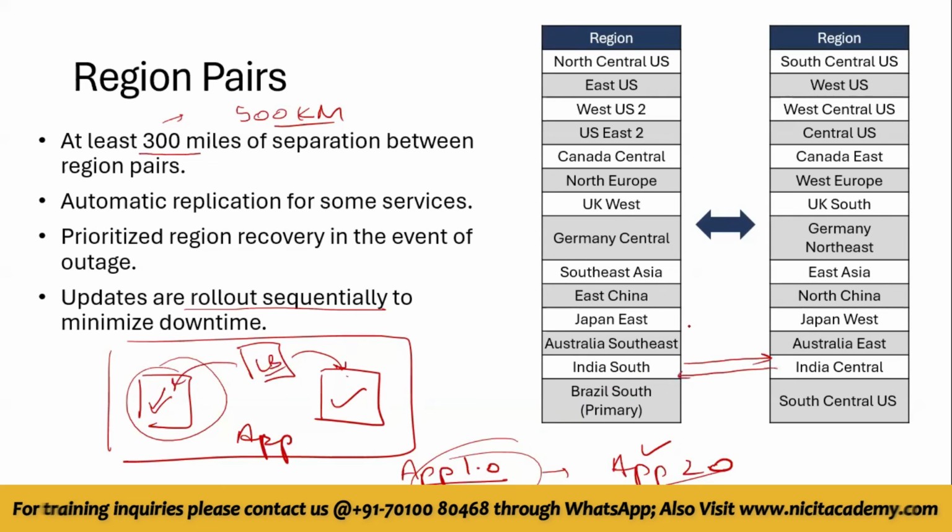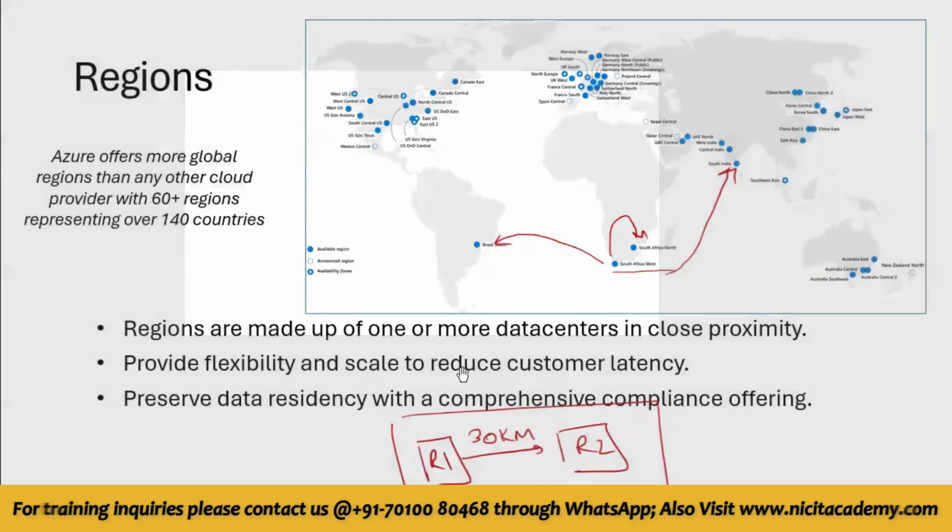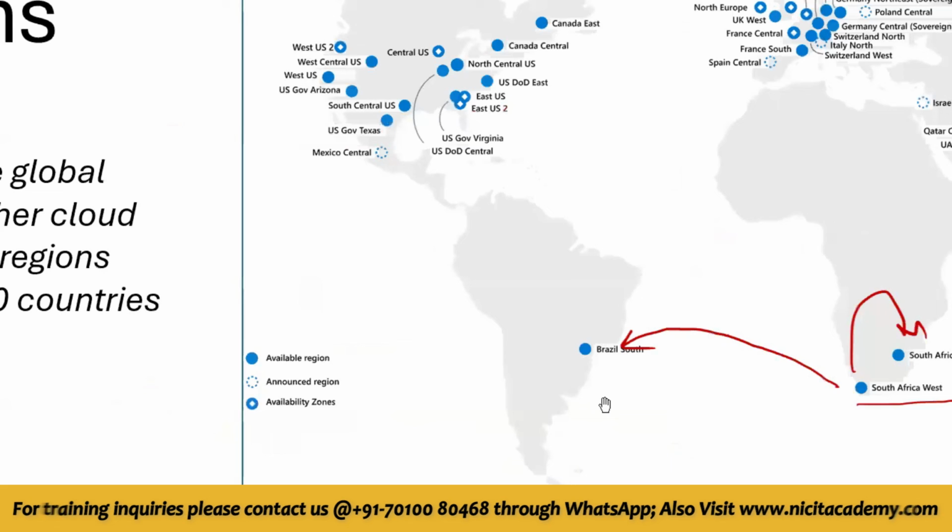But if you look here on your screen, what about Brazil South? It does not have any other data center or a region in Brazil. It does not have any other region in the entire South America. So what happens in this case?